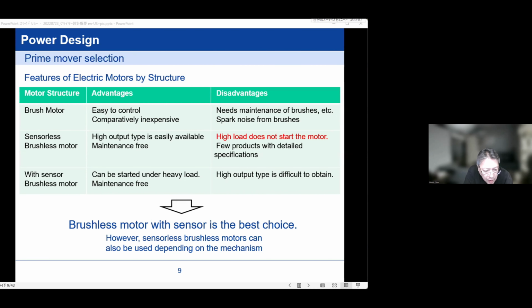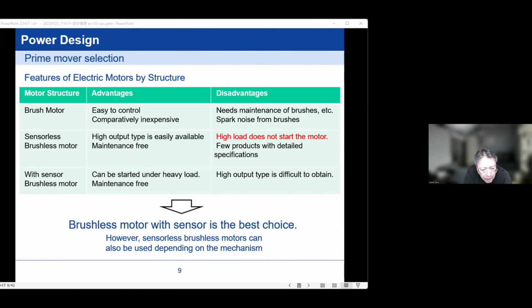Next, regarding brushless motors with sensors, the advantage is that it is possible to provide guidance at the time of startup. This sensor detects the position of the motor's rotation, and the motor drive can determine which phase the current should flow through.